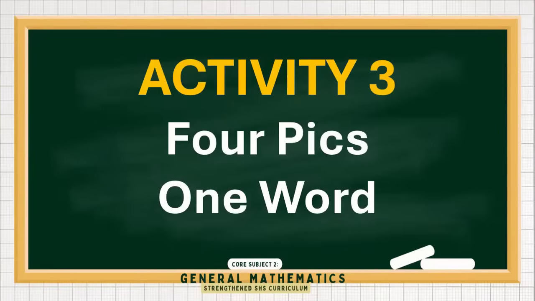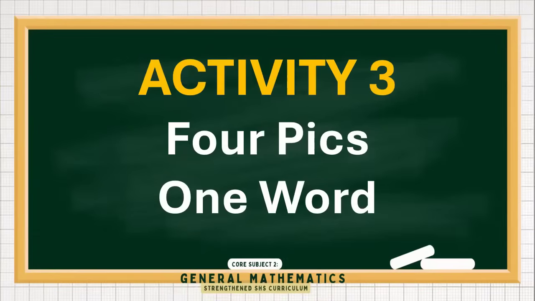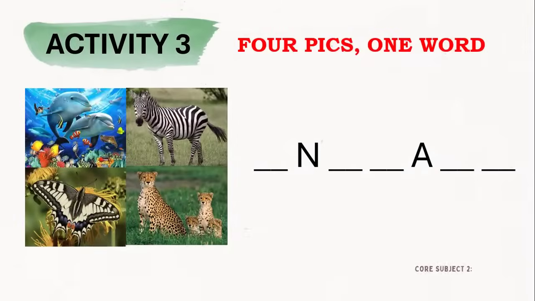Now, let us proceed to Activity 3, which is 4 Pics, 1 Word. I'll show you four sets of images, and you try to think what these images have in common. These pictures will show us different patterns. Let's have the first item.